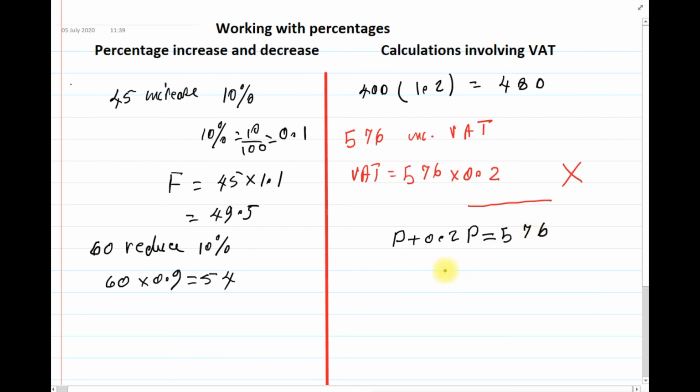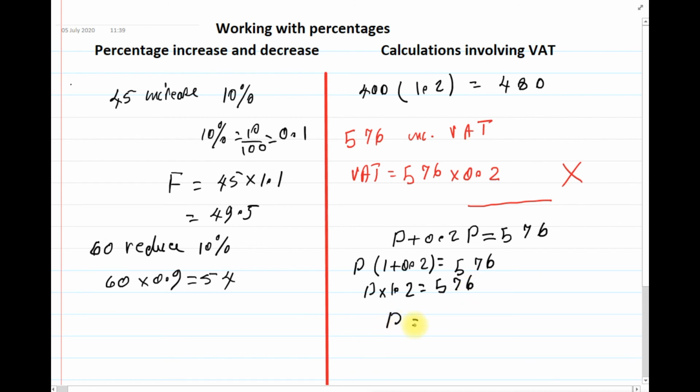Now here we have an equation in P. So if I factorize P out of this, I get P times 1 plus 0.2 is equal to 576. And then I have P times 1.2 is equal to 576.